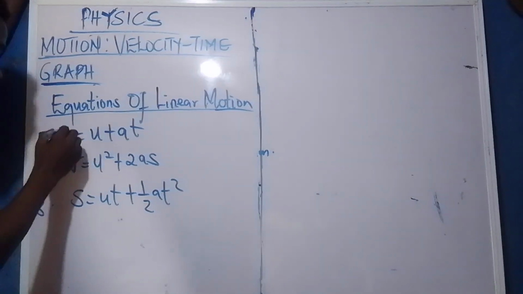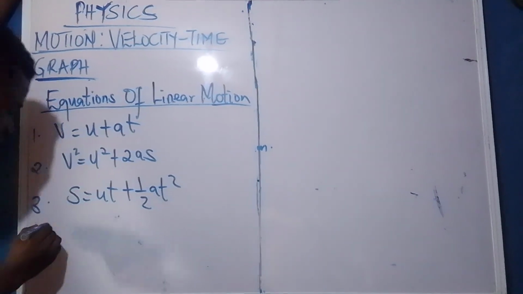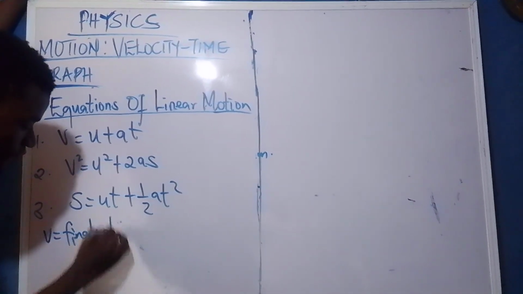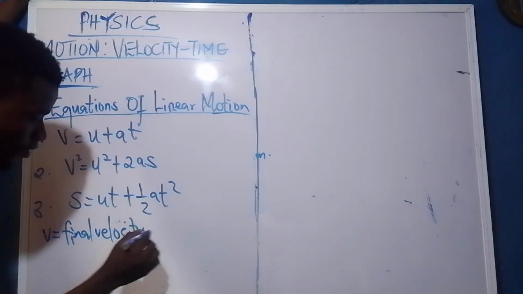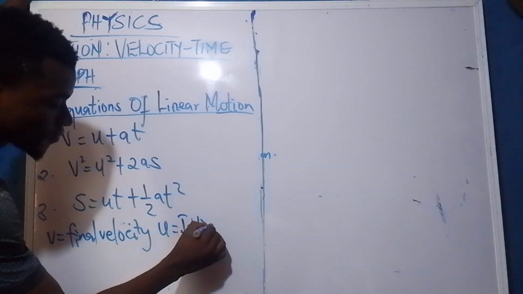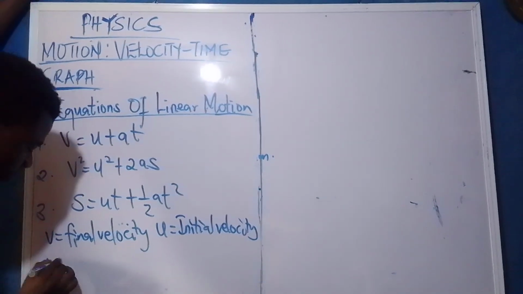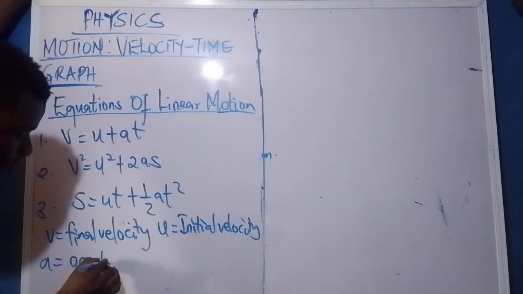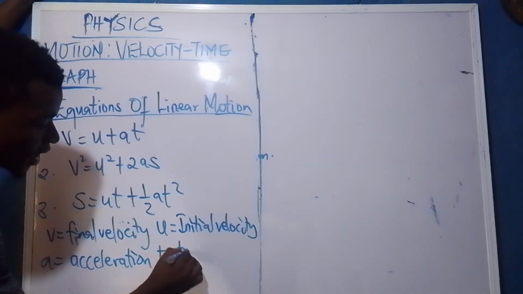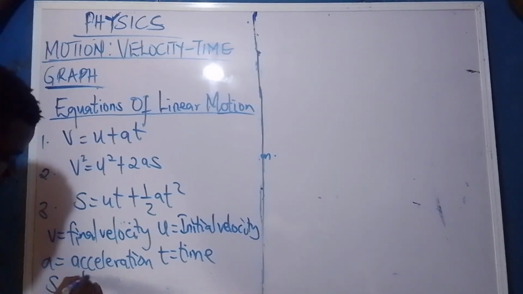Of which the v here, let me identify all of these letters that we have here. Your v is final velocity, u is initial velocity, a is acceleration, t is time, s is distance.